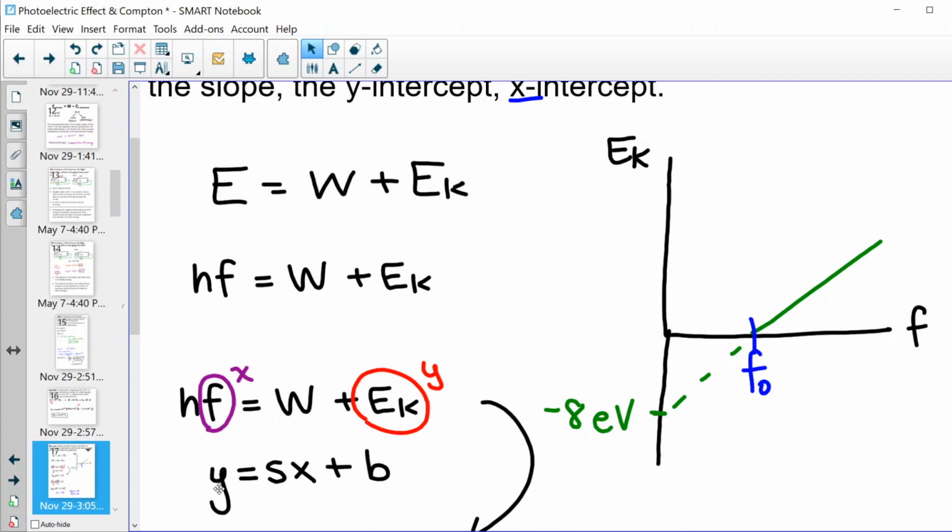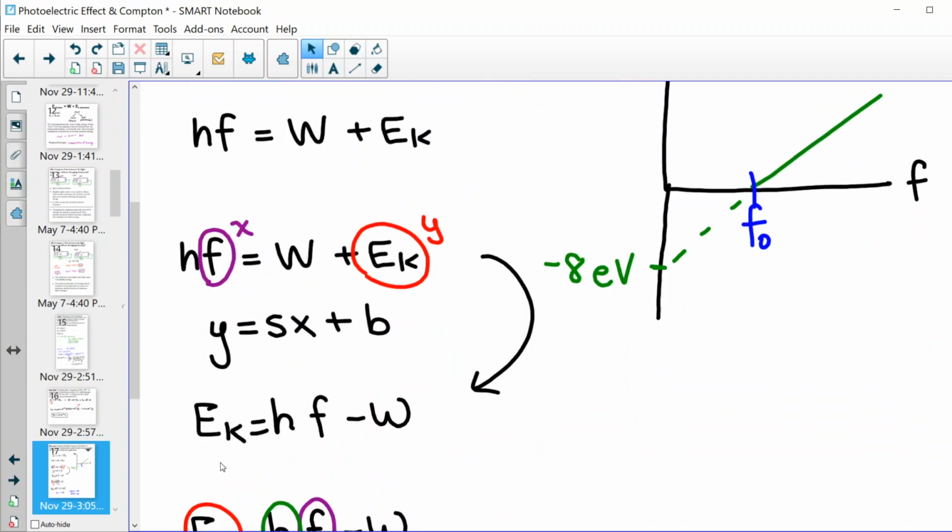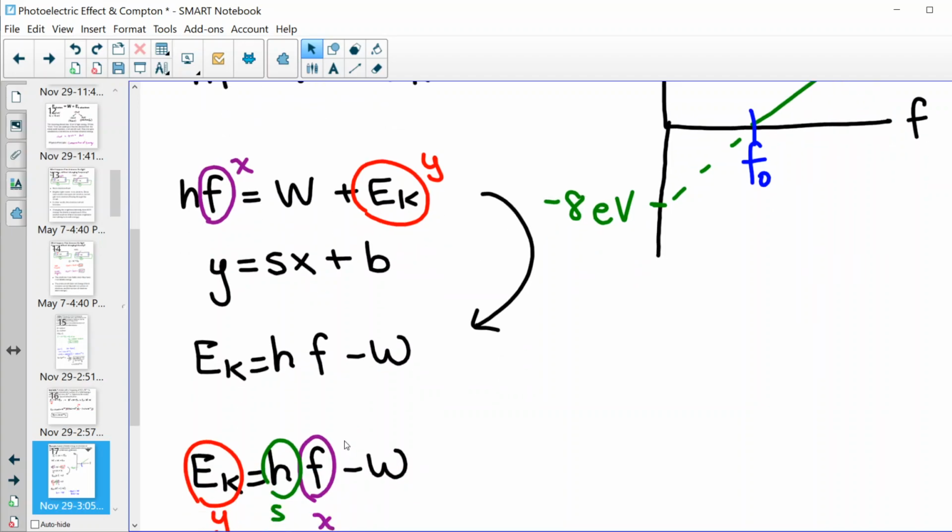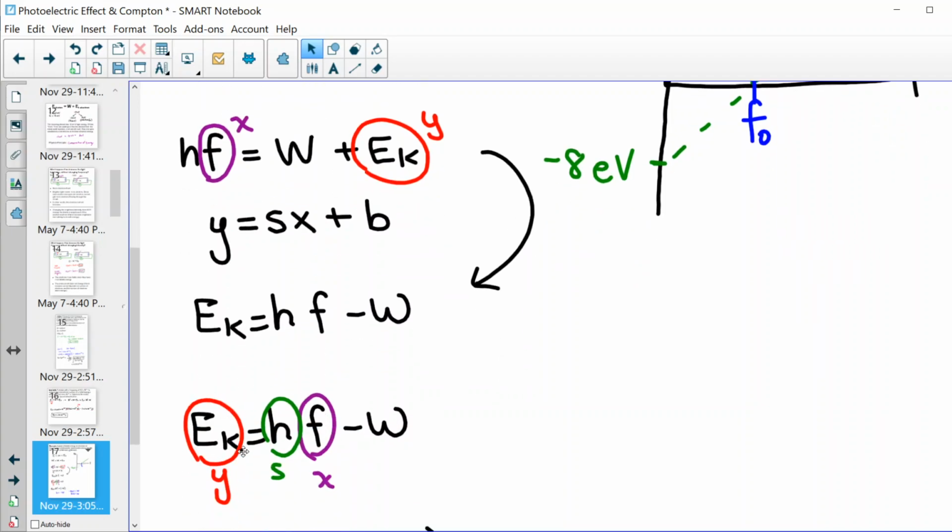Now, when we're matching to y equals sx plus b, y is always isolated. So we're going to make it so that EK, our y variable, is by itself on the left side of the equals sign. So that's what I've done: EK equals hf minus W. Now, EK is y, f is x, that didn't change.